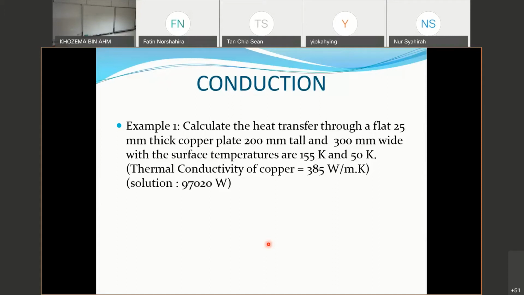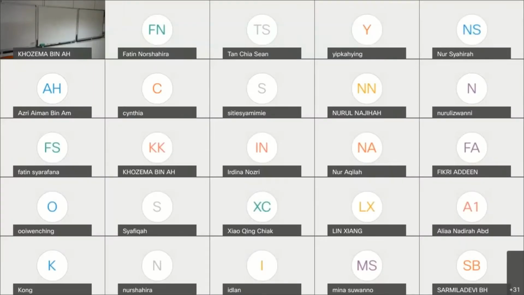Given the thermal conductivity of copper is 385. I'm just going to show you briefly how we do this question. For the next example, you can try it on your own, and maybe in the next class we can do some discussion on it.